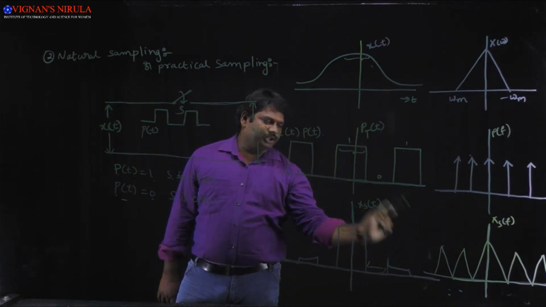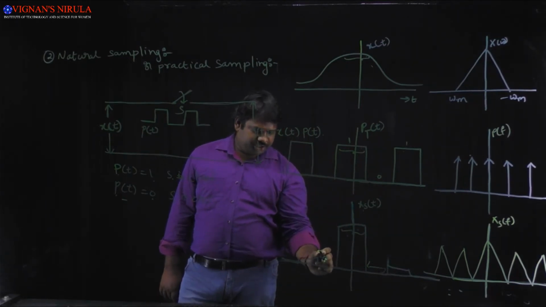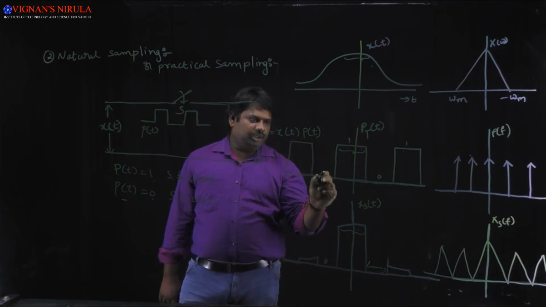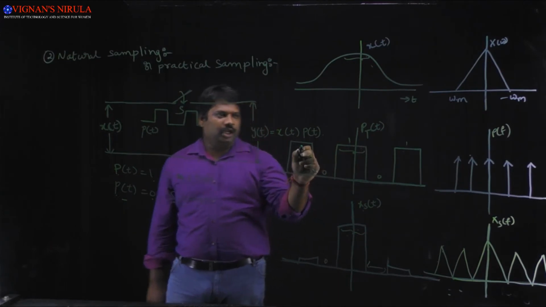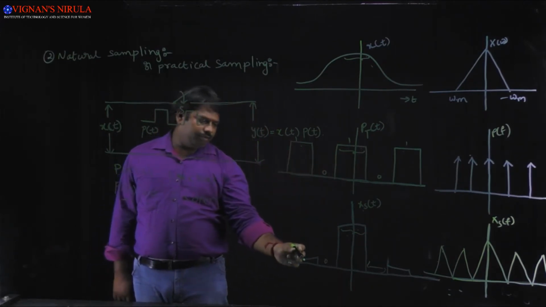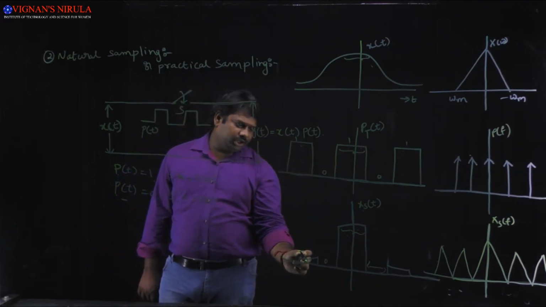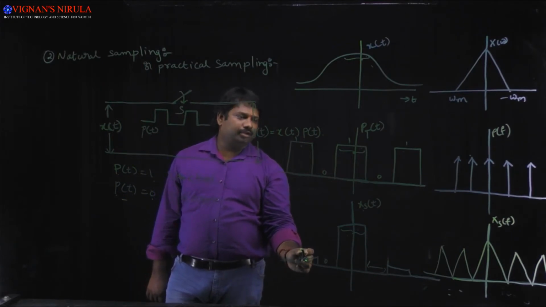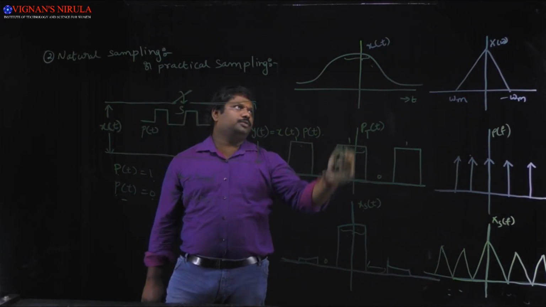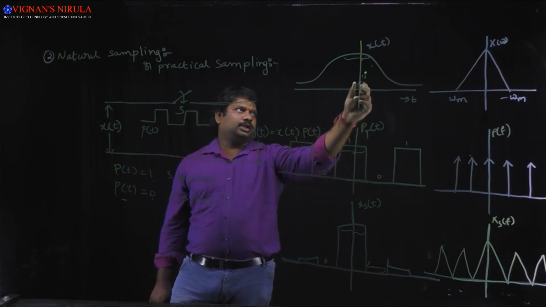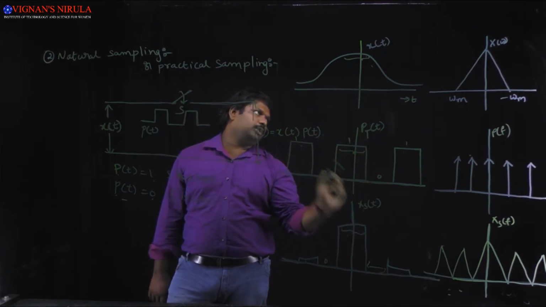Next, again it is 0, because p of t is also 0 here. Next, p of t is 1, then 1 times this signal, therefore the continuous signal will be produced. These are the time domain waveforms: p of t, x of t, and the sampled version.